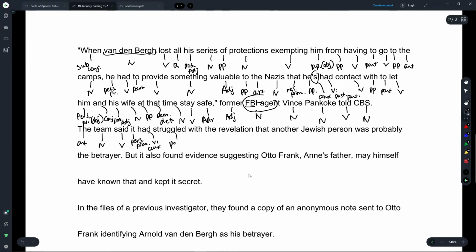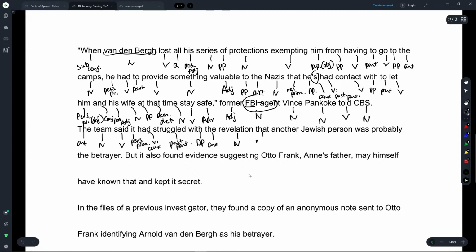Struggled, past participle. "Had struggled," past perfect. It happened before something else in the past. With, preposition. The, article. Revelation, noun.